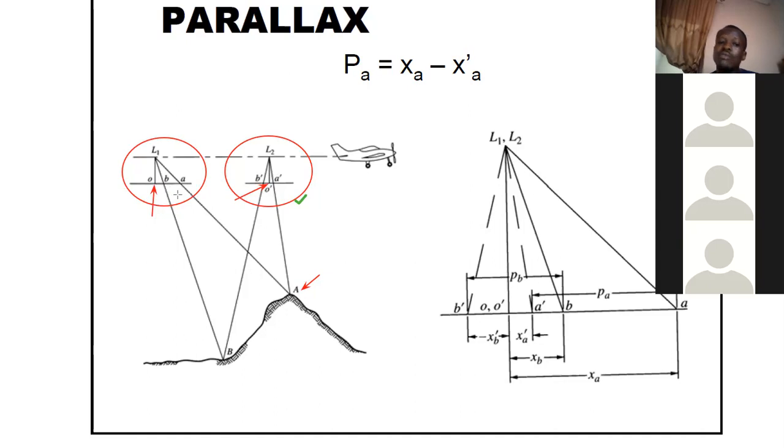So things seem to have moved to the left, naturally, because we are moving to the right. I want you to understand that. Now, in the photo coordinate system, I think I need to explain to you how it works. Let me go back to my board.